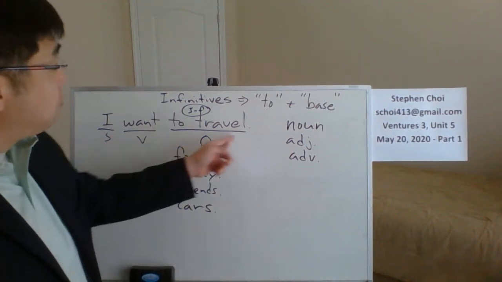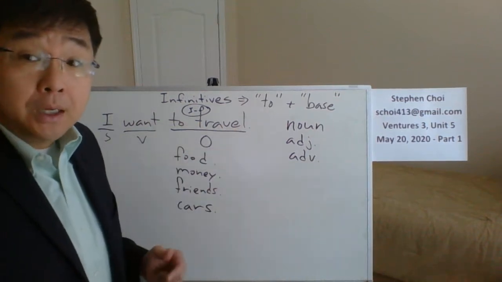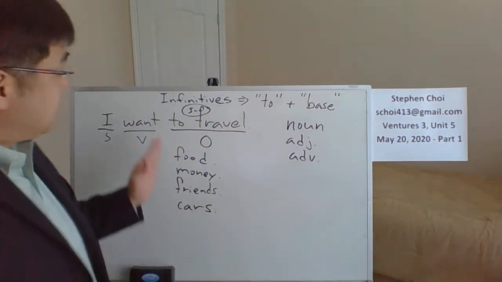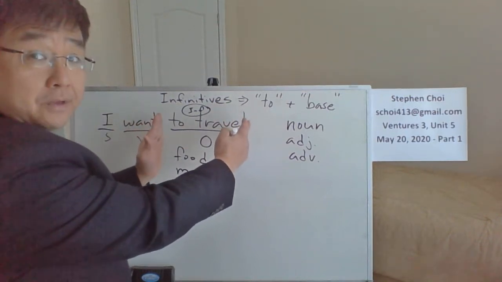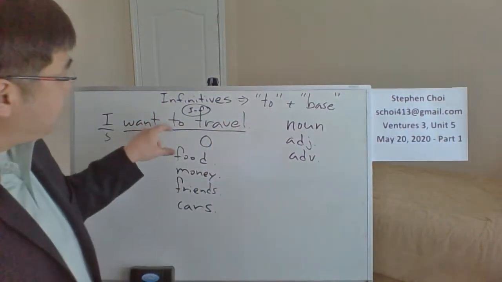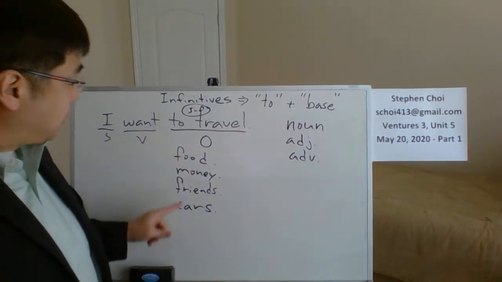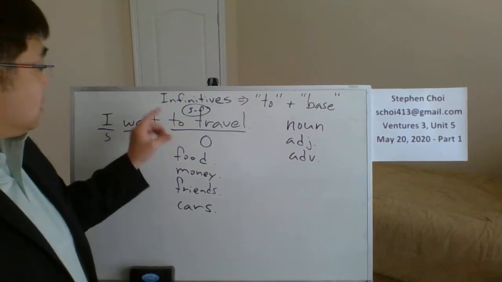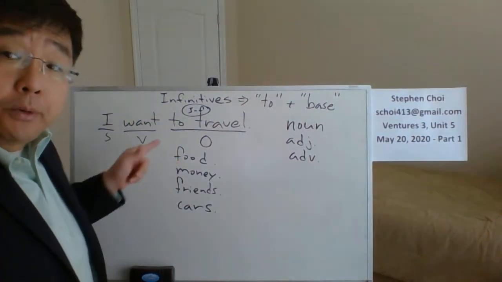Well, same thing with this infinitive. I want to travel. What do you want? To travel. Even though it's a verbal form, it's in the infinitive form. Think of it as a one-word noun, just like food, money, friends, or cars. So this together is not a verb, but a noun in this particular sentence.